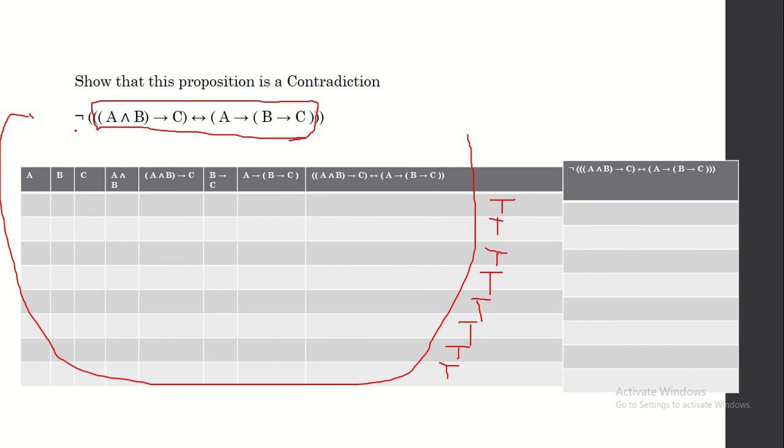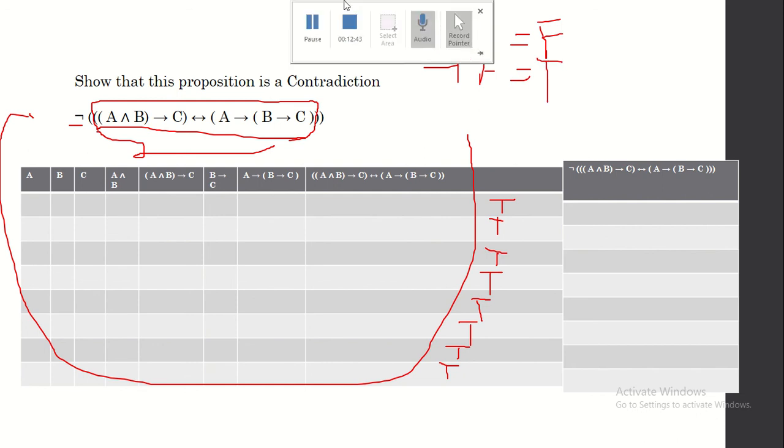Now you can see that there is a negation sign before this propositional logic. As there is a negation sign, we know that negation of true is false and negation of false is true, which means negation just flips our answer, right? So as all the outputs are true, all these results will flip in this final calculation because of the negation sign.